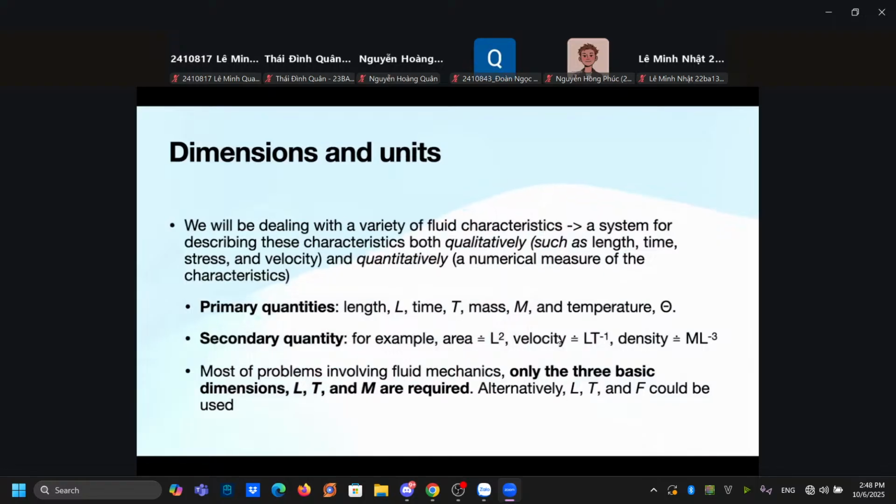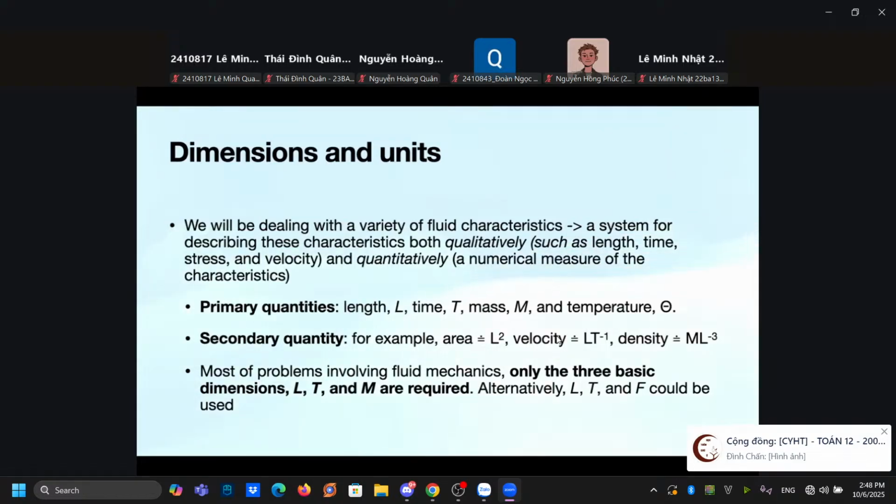It means we need a numerical measure of the characteristic. In fluid mechanics, we will have 4 basic or primary quantities. In fact, in mechanics we have 7 basic quantities, but for fluids, we can limit to the 4 primary quantities.